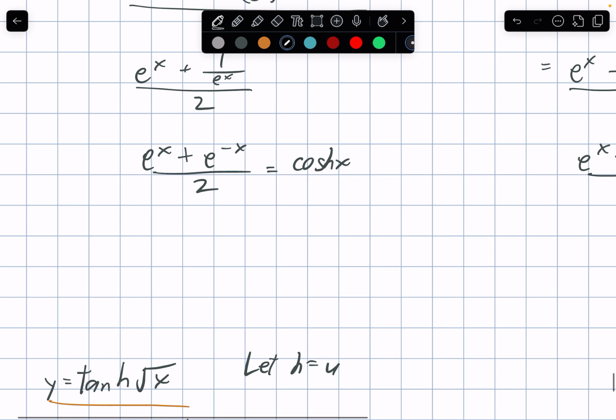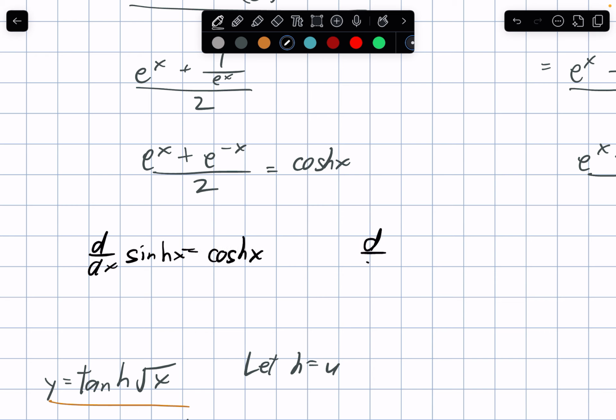So clearly, we could conclude that d over dx sinh x is equal to cosh x. In the same way, the derivative of cosh x is equal to sinh x.